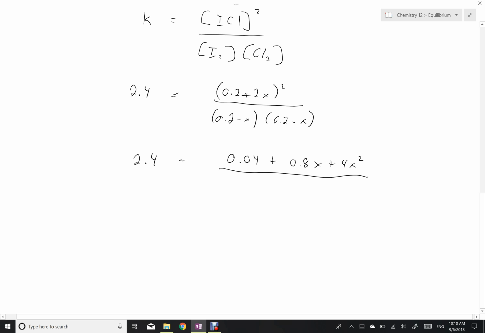And that's all going to be over 0.04 minus 0.2 times 1 times 2, so 0.4x plus x squared. Now I'm going to bring all this up and multiply it by the 2.4.